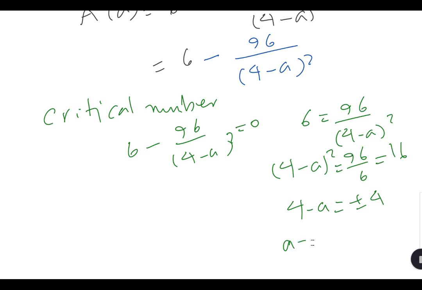So a is equal to 0, or a is equal to, let's see, if I use the negative sign, I get 8. 0 doesn't make sense because then there won't be any triangle formed the way that we want. So a equal to 8 is the critical number, basically.